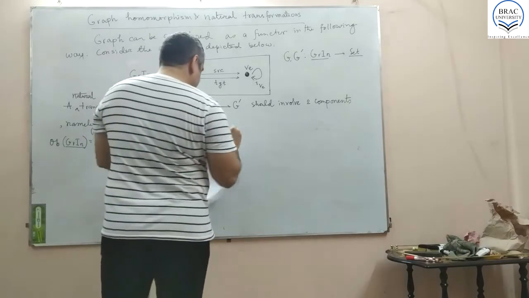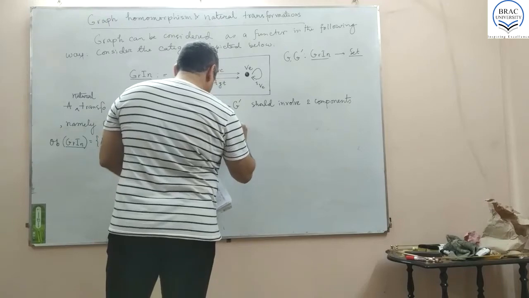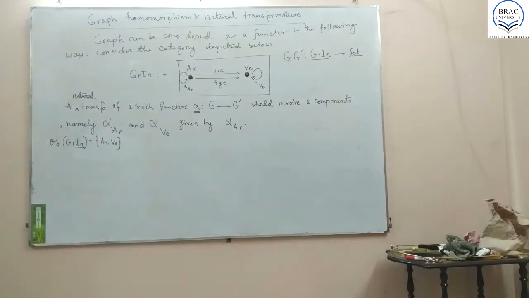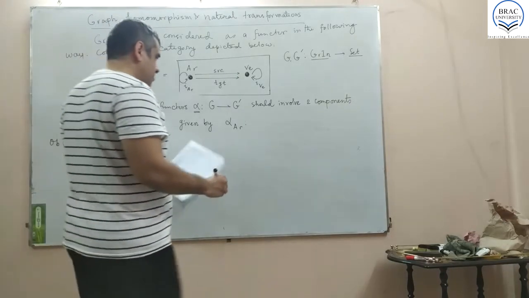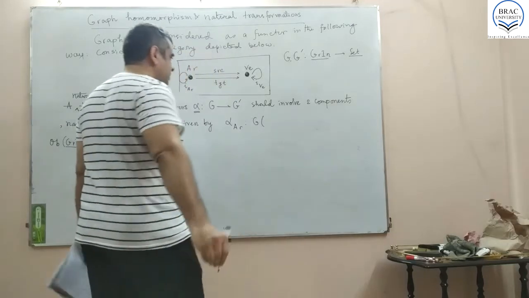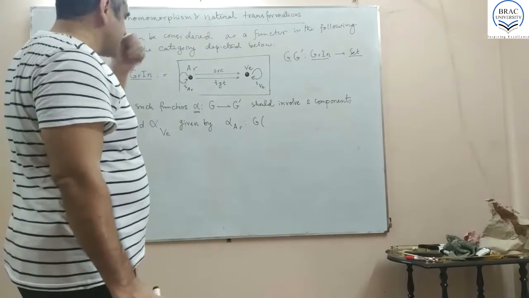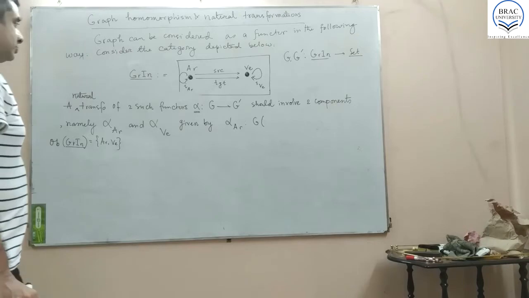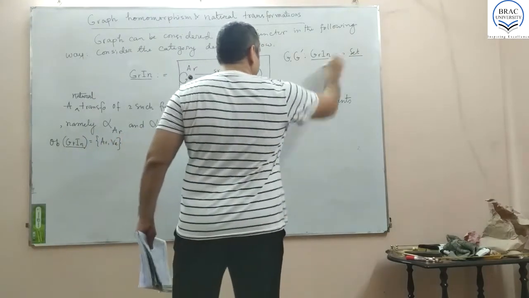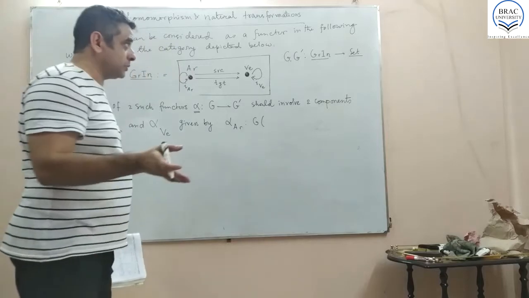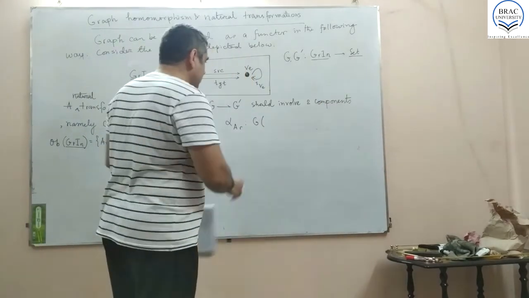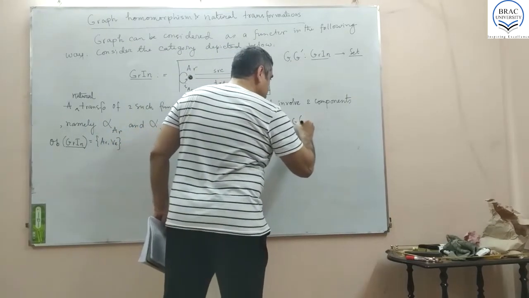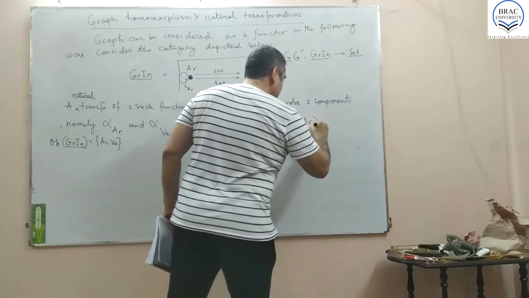Alpha sub AR is a morphism here, which is a function between GAR and G prime AR.